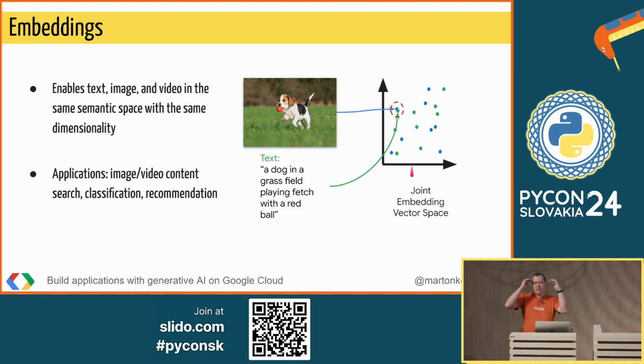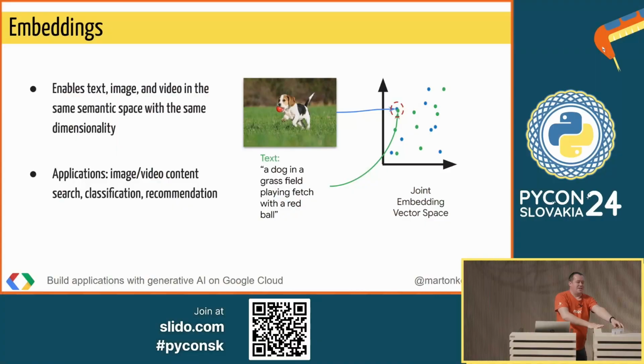You need to be clear in your mind that the binary of the image is placed on a layer of surface, and if I use the text that there is a dog with a red ball, that information is placed near this image. And that's how the two combine in the embeddings vector space.